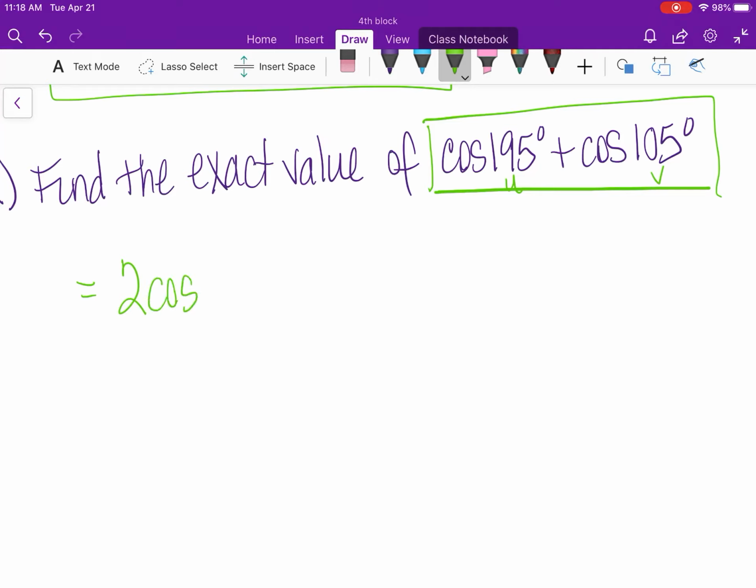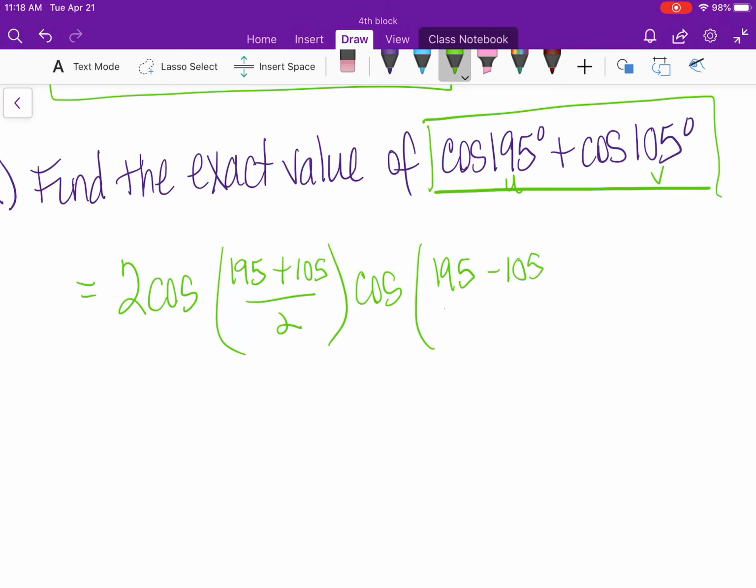So I have my 2 in front, so it's 2 cosine, and then the formula says u plus v over 2, so that's 195 plus 105 over 2. And then it says times the cosine of u minus v over 2, so 195 minus 105 all over 2.